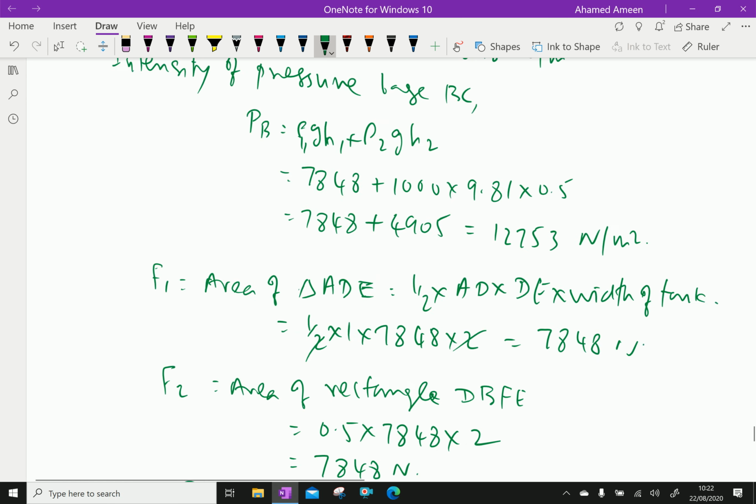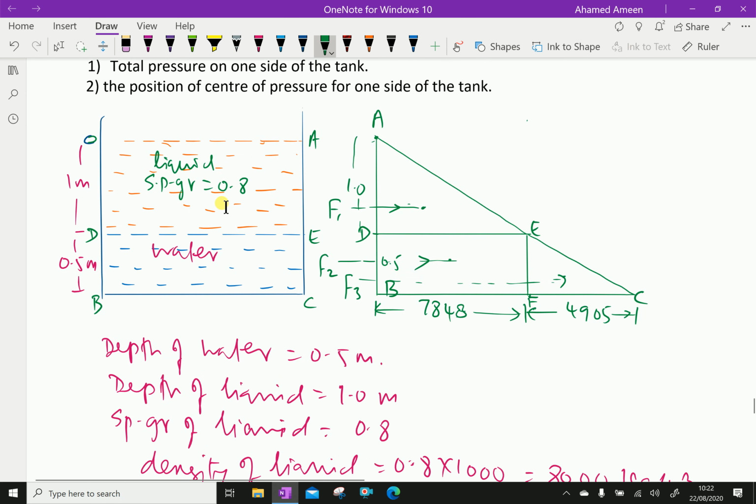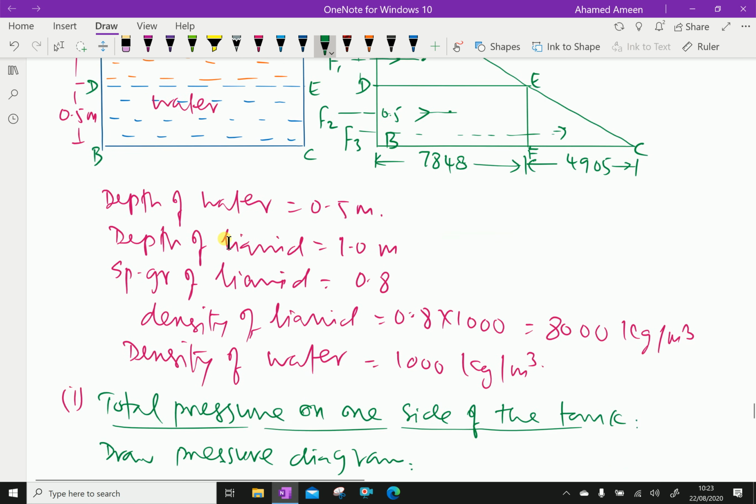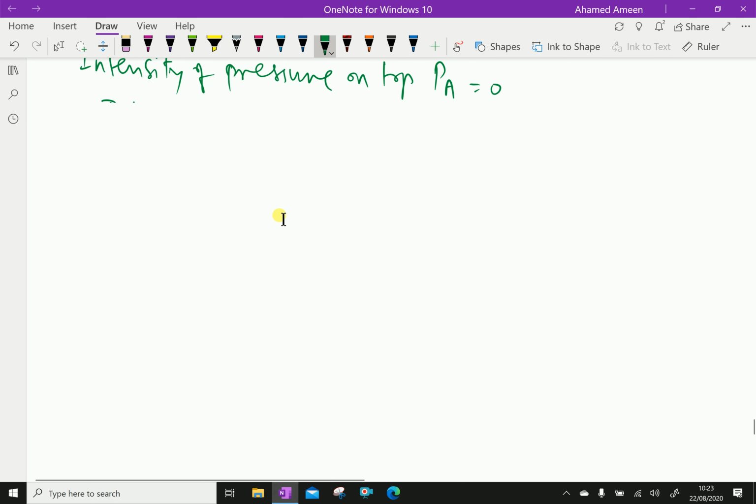Here the total pressure due to liquid of specific gravity 0.8 and water together, given as F, is 18148.5 Newton. We can say it's the resultant pressure.